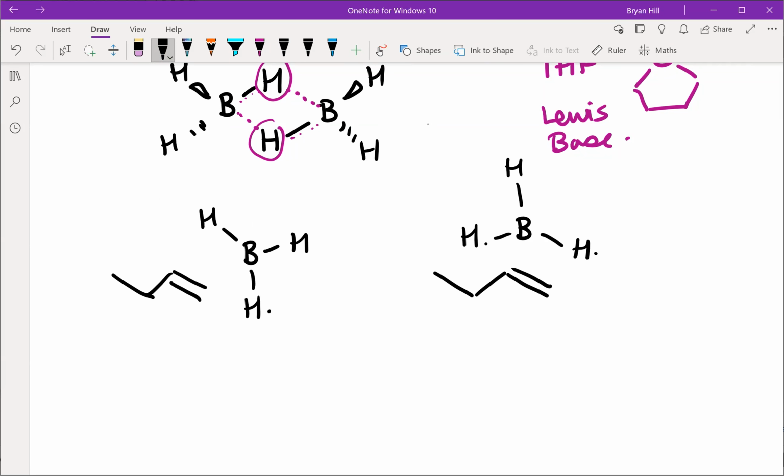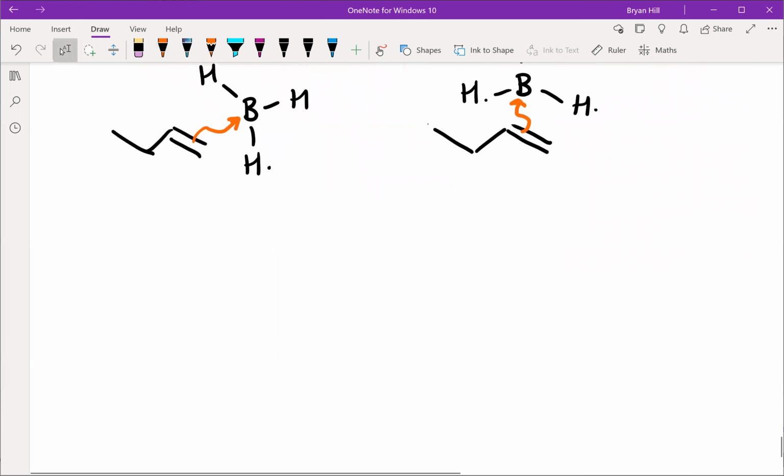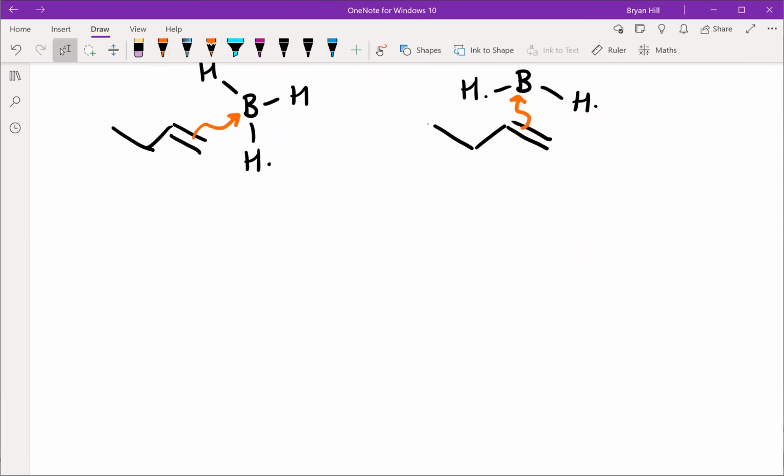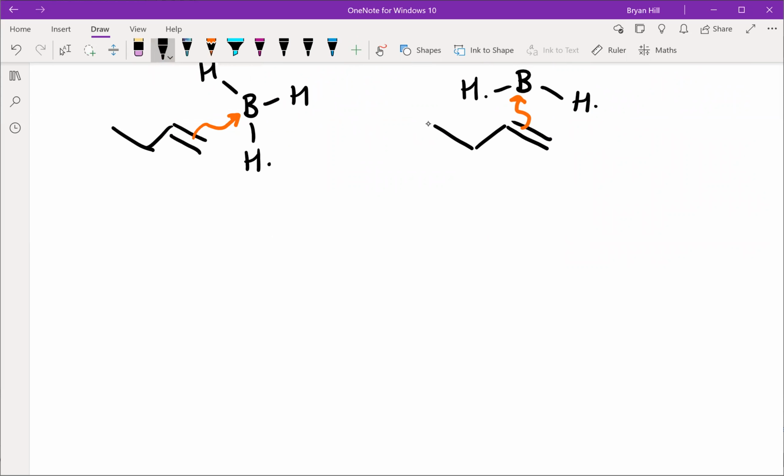Okay, so I'm going to draw an attack of this double bond onto the empty orbital of boron. And I'm going to do the same thing over here, but I'm going to do it from the other carbon. And so if we were to just make this, I'll draw this as a formal step, and this is what it would look like. So the product of this reaction would look like this.